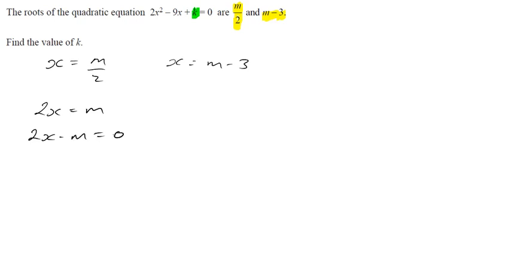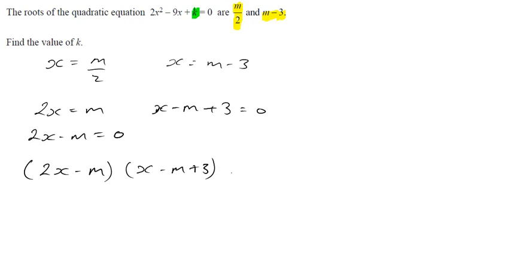So therefore my first bracket of my quadratic is 2x minus m. And if I do the same thing with the second one, I get x minus m plus 3 equals 0. So that's my second bracket, x minus m plus 3. And because it's a quadratic, those must equal 0.